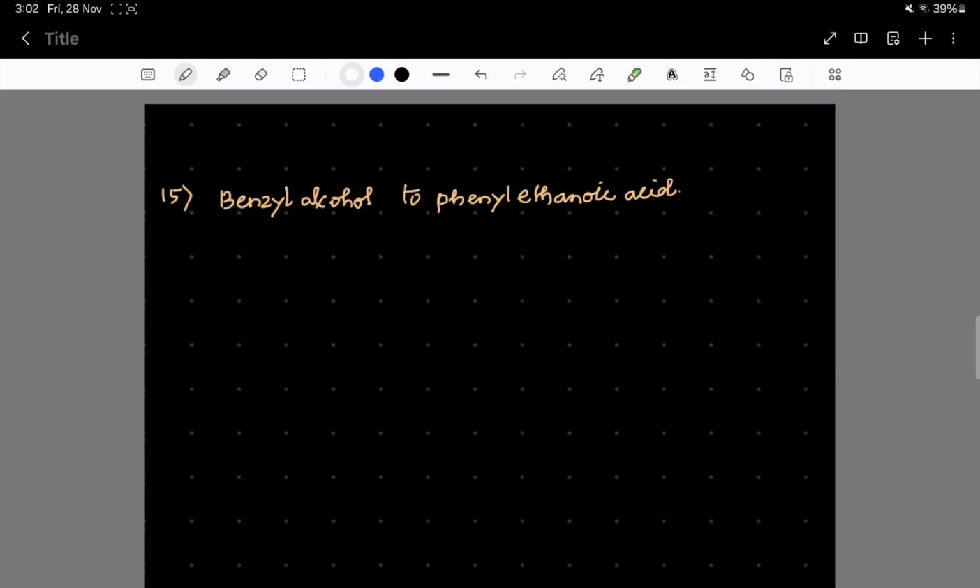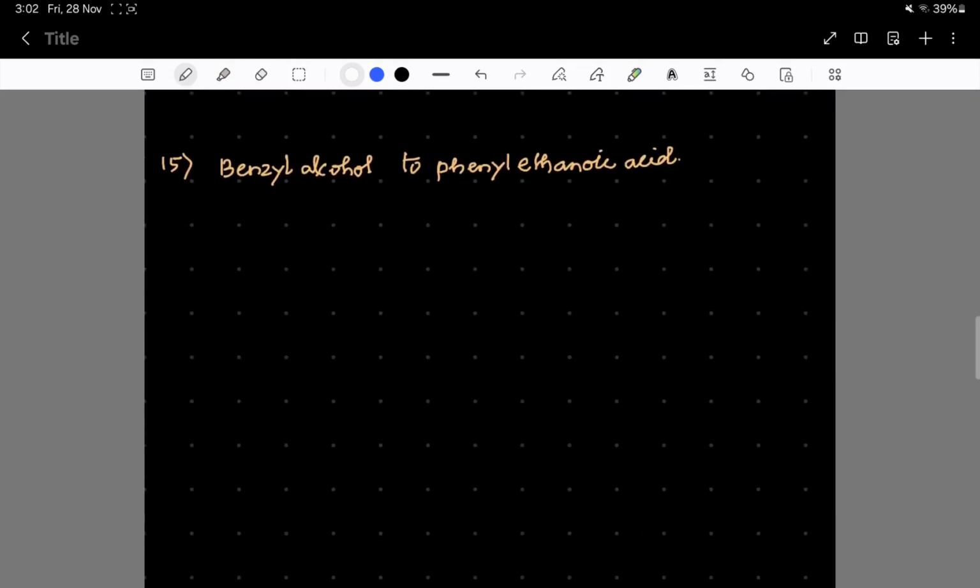Next, benzyl alcohol to phenyl ethanoic acid. This is benzyl alcohol, CH2OH. Now we need to convert this benzyl alcohol into phenyl ethanoic acid, that is nothing but phenyl acetic acid. Just do one thing, student: use PCl5 or PCl3 or SOCl2.